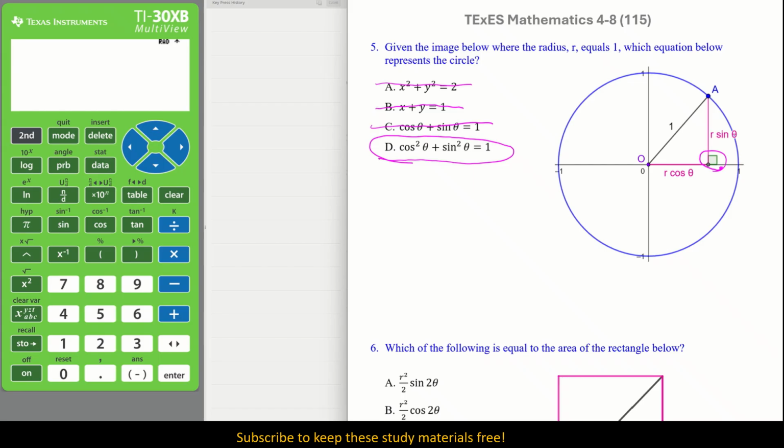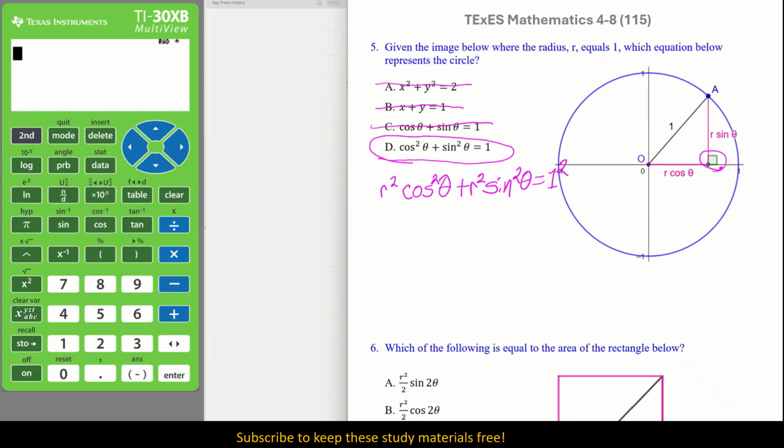And we know that we have r squared times cosine squared theta plus r squared sine squared theta equals 1 squared, the hypotenuse. Now, notice how I wrote my squaring for my sine and cosine. That is a proper way to do it. You can write it after the theta, but the way I've done it is proper.